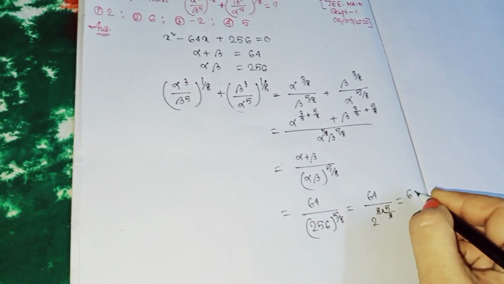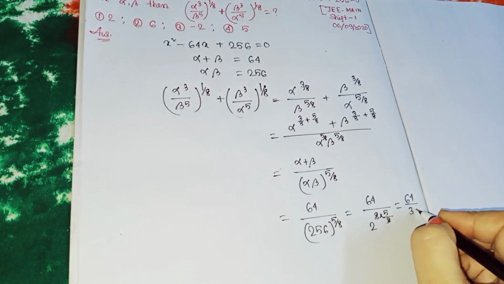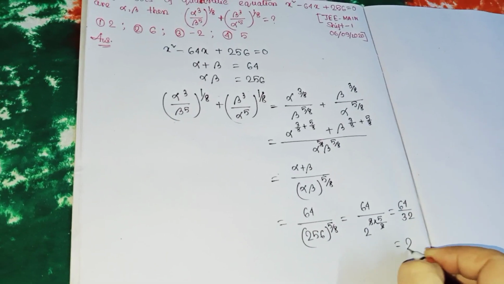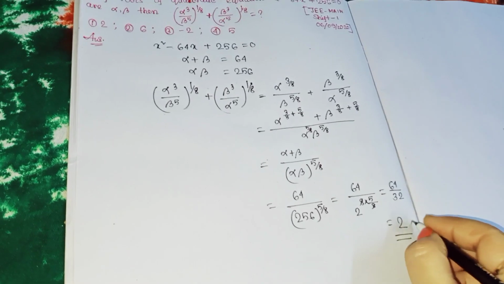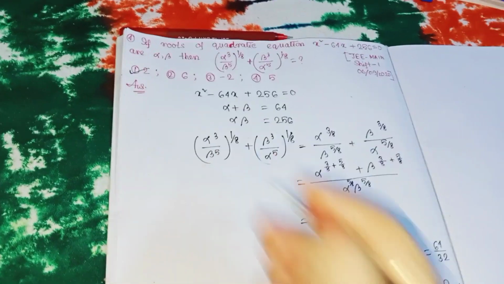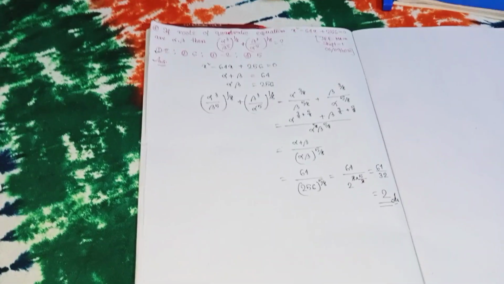So it is 64 divided by 2 to the power 5, which means 32, so here we get 2. So we reached 2 as our required answer, and option 1 is our correct choice. So here is the whole solution.